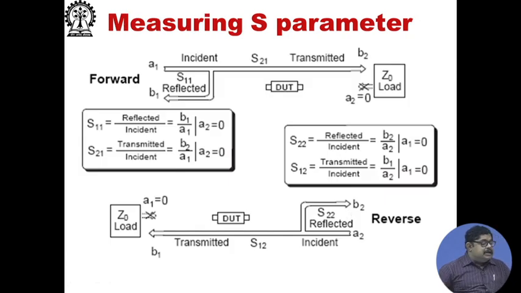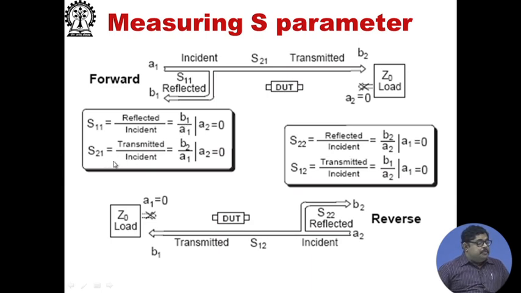Now, measuring S parameters boils down to 2 ports. So, S11 means what? That second port you match terminate and find this ratio B1 by A1, or in our terminology V1 minus by V1 plus.